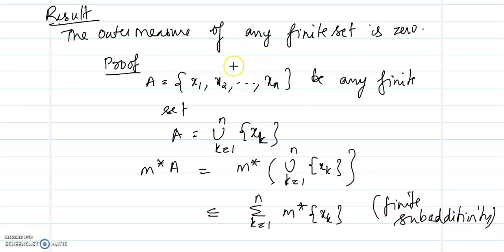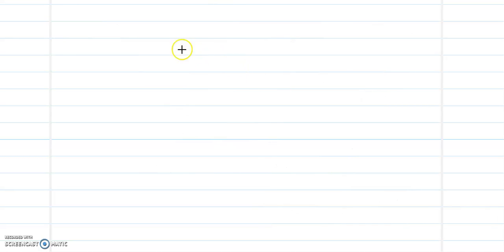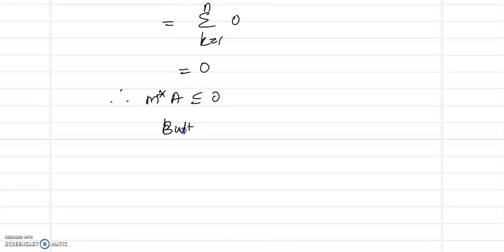And now n star of xk will be 0 for a singleton set, the measure will be 0. So that will be equal to summation k equal to 1 to n of 0. So n star of A is less than or equal to 0, but we know that n star of A will be greater than or equal to 0. So therefore n star of A will be equal to 0. So therefore the outer measure of a finite set will be equal to 0.